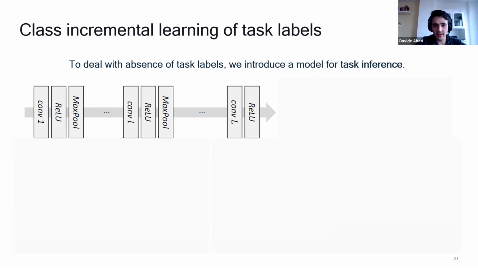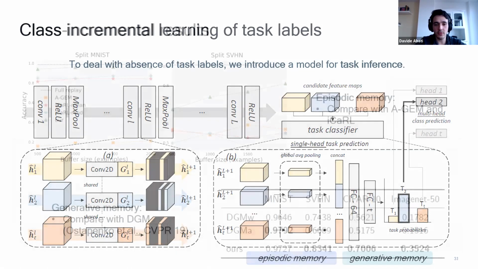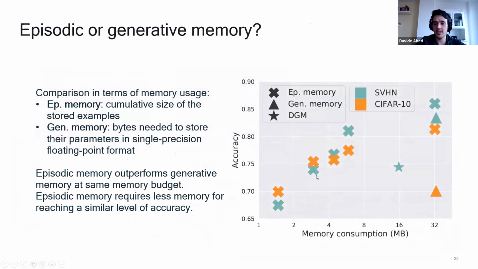The reason why I did this experiment comes from the fact that I accepted to be more pragmatic. And what I want to say with this is that you shouldn't use generative memories in your research just because that allows you not to store examples, which feels wrong, because at least for now, at least in my experience, the experiment is telling that you should use real examples rather than generative memory.